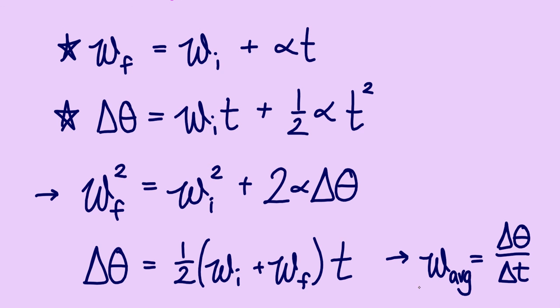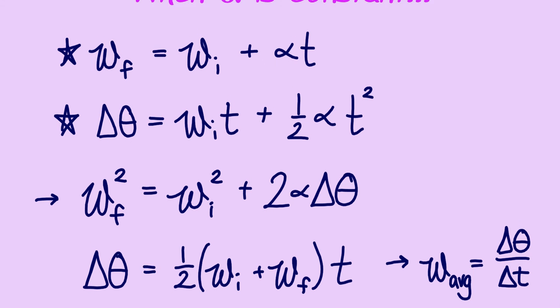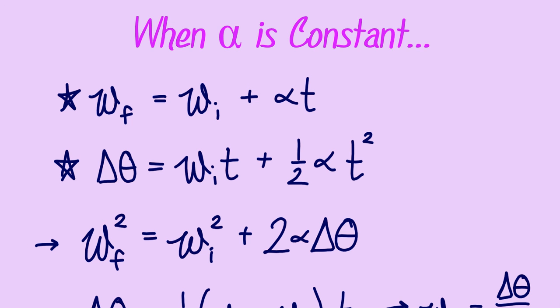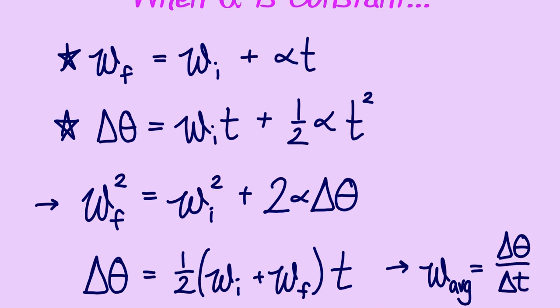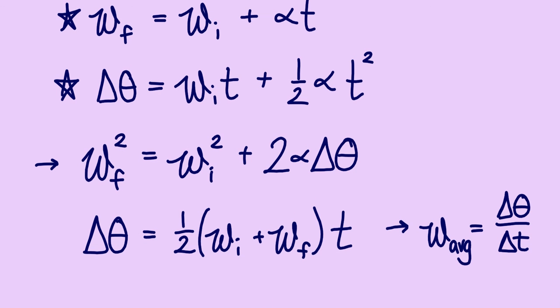Because this average angular speed is equal to 1/2 of the addition of the initial and final angular speeds, as long as your acceleration is constant. And notice that, as we talked about at the beginning of this slide, these equations work only when your angular acceleration is constant. So all four of these equations are on your equation sheet in one format or another.